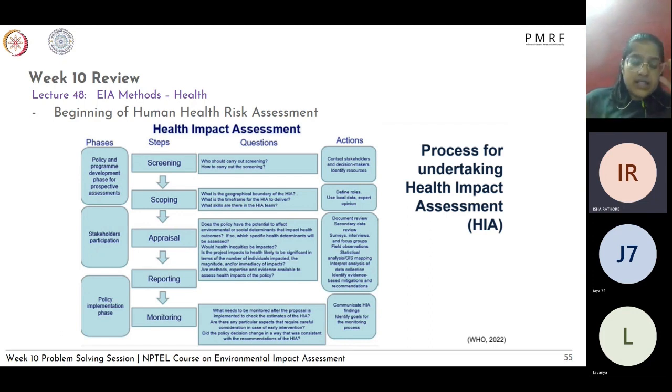And if you have enough methods, expertise, and evidence available to document all of these changes. So in the appraisal stage itself, you review secondary data which is available.